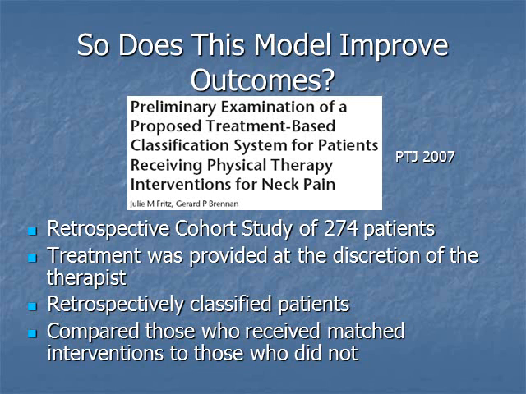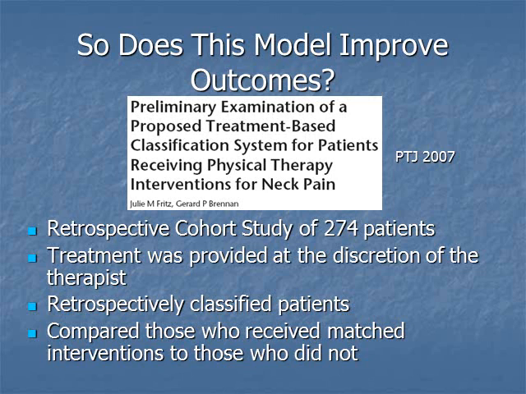So the big question is, does this model actually improve outcomes? So in 2007, Julie Fritz and Gerard Brennan presented a retrospective cohort study looking at 274 patients that were treated in the Intermountain Health System, which is a wide-ranging health system in Utah.